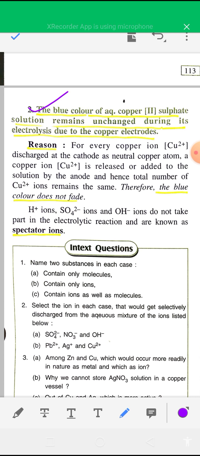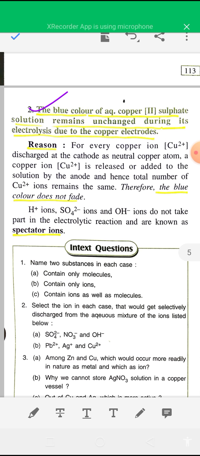This is because for every copper ion discharged at the cathode as a neutral copper atom, a Cu2+ ion is released or added to the solution by the anode, and hence the total number of Cu2+ ions remains the same. Therefore, the blue color does not fade during electrolysis of copper sulfate using copper electrodes.